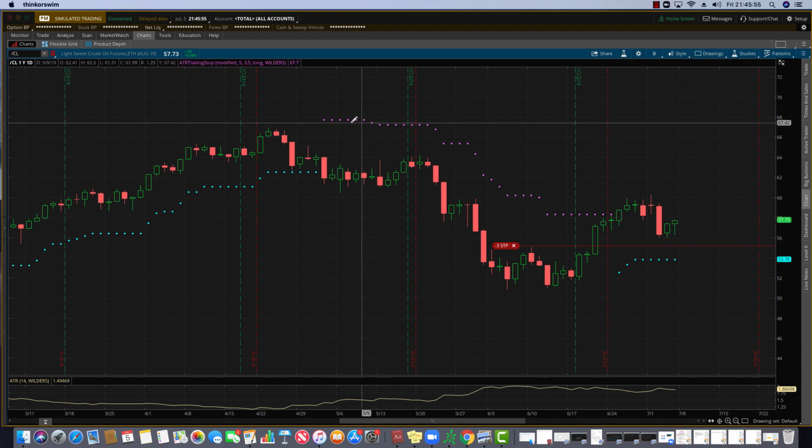So all of this time it was calculating that the range was moving lower based on the close. So this was all resistance.